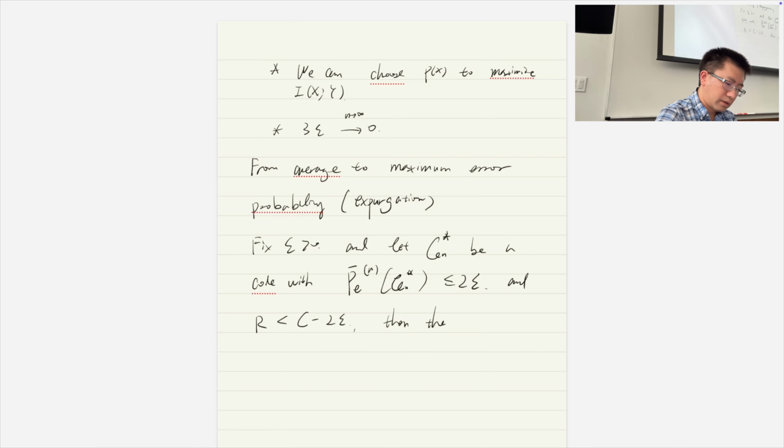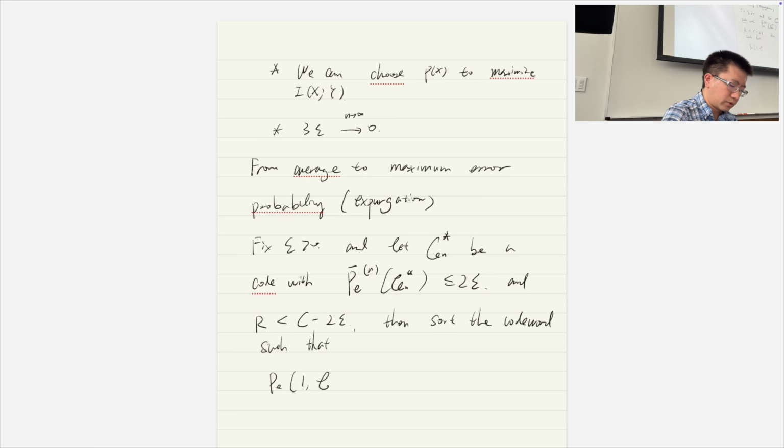Then we sort the code words, without loss of generality.